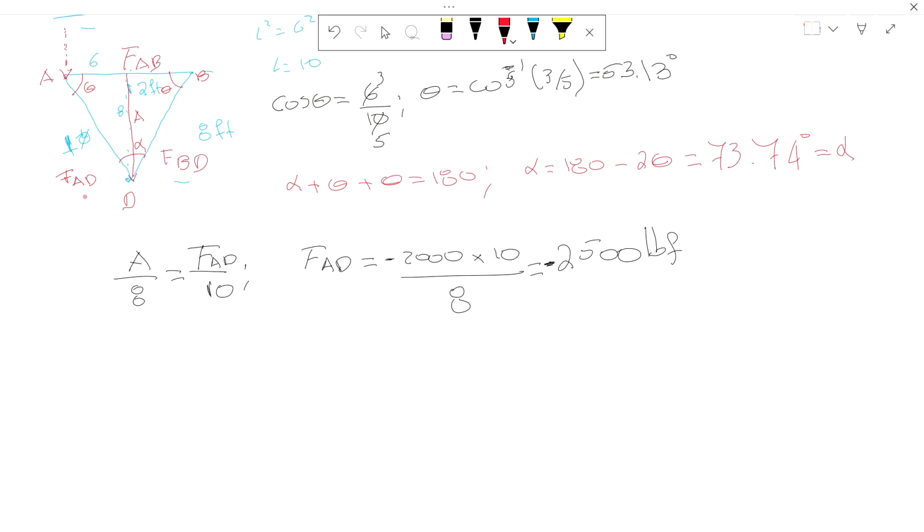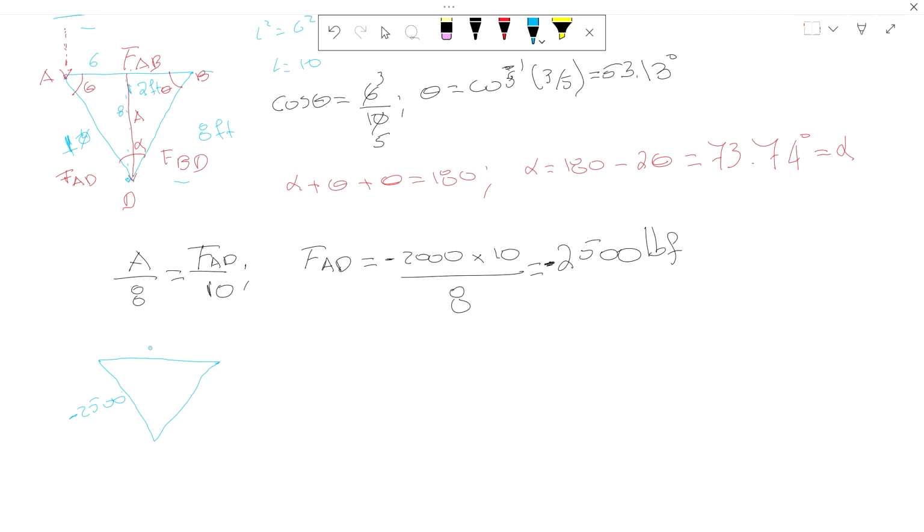We have F A to D, and in that case we have a triangular shape with a magnitude of 2,500. Which one do we know?